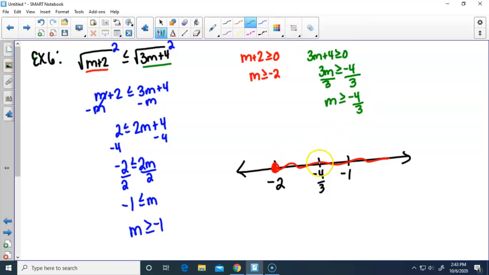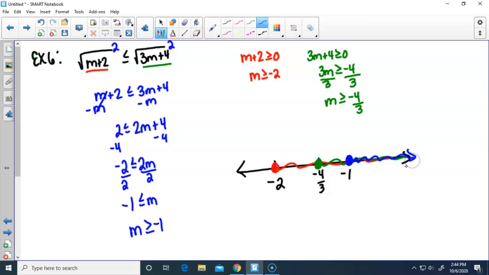We also have that m has to be greater than or equal to negative 4/3. Notice if a number is greater than or equal to negative 4/3, it's also greater than or equal to negative 2. And then our solution that we found here was m is greater than or equal to negative 1.